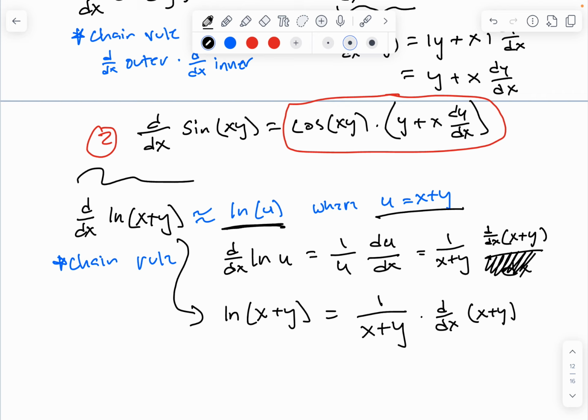Sorry, I rewrote that twice. So you can see that these two equations are equivalent, with u just making it simpler to see that the derivative of ln u is just 1 over u, because the derivative of ln x is just 1 over x.